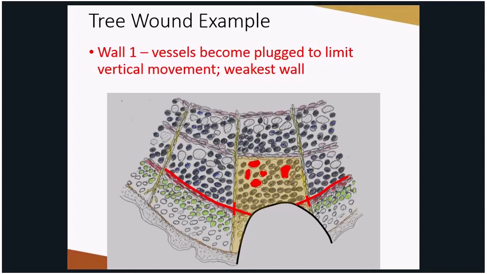What helps me relate to this being the weakest wall is the fact that a lot of trees have a completely hollowed out trunk and they're still healthy and fine and living. That's because wall 1 is the weakest, and rot has spread rapidly upward throughout the trunk. But because some of the other walls that limit that lateral movement, or that movement in and out on the trunk, have resisted that decay and rot, the tree's able to stay living and still have conductive tissue in the cambium, phloem and xylem, even though the tree is pretty hollow.